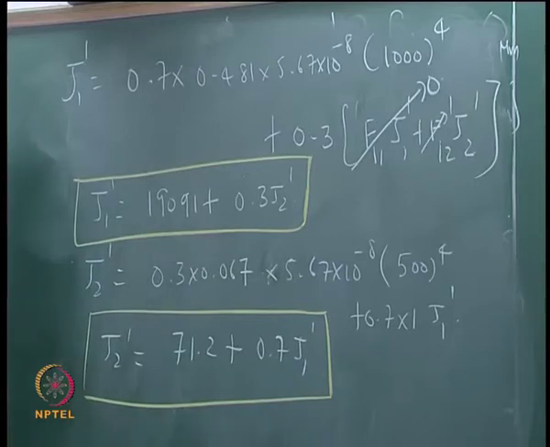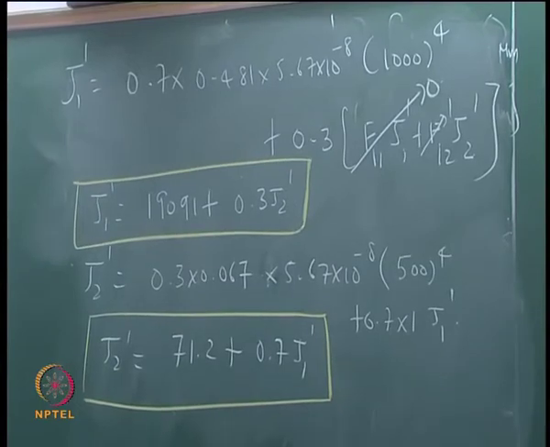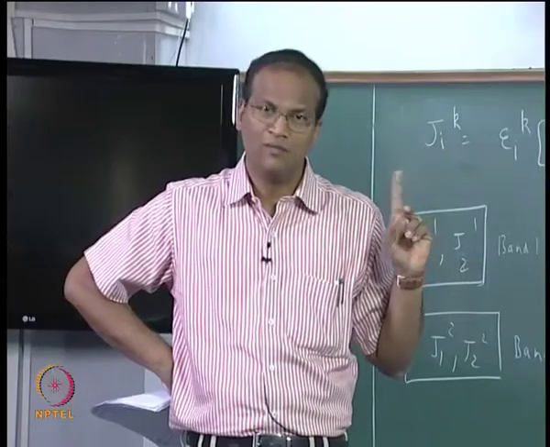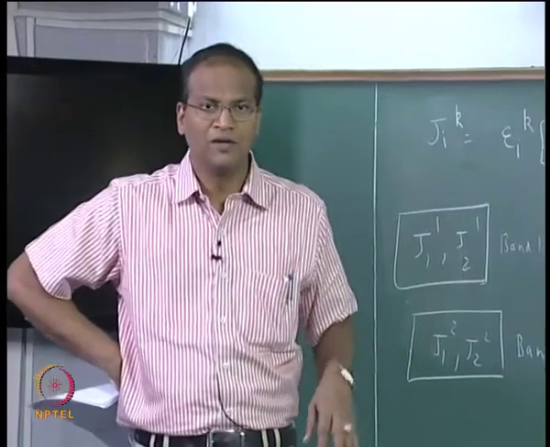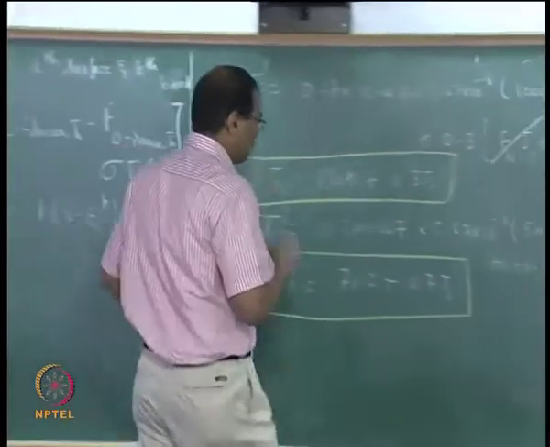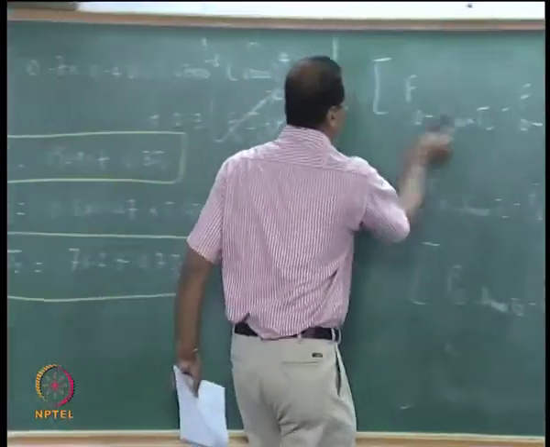That 0.3 into 0.06 and everything is fine. I did it last night, so I have not checked it again. It could be wrong. Is it fine? Both are fine? Solve for J1, J2 of 1, that is band 1.